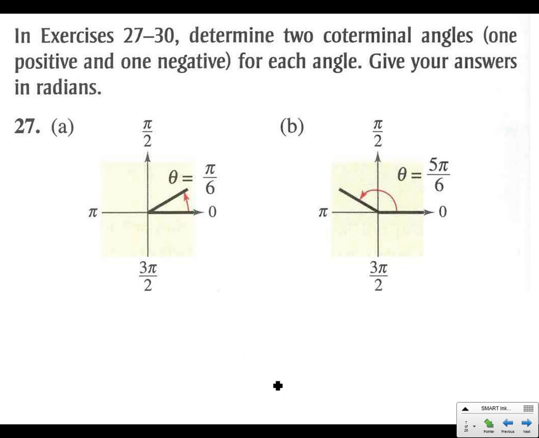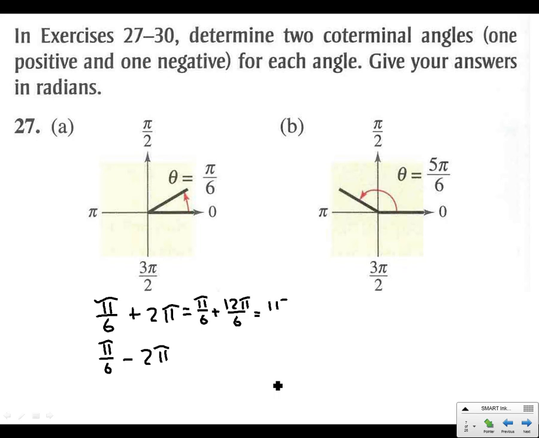All right, so let's try 27 A and B. Let's find 2 coterminal angles, one positive and one negative for each one. So our first angle is pi over 6. What we can do is add 2 pi, and we can also subtract 2 pi from each of these. So this is pi over 6 plus, let's get a common denominator here, 12 pi over 6.